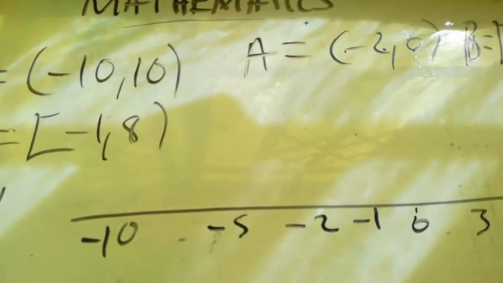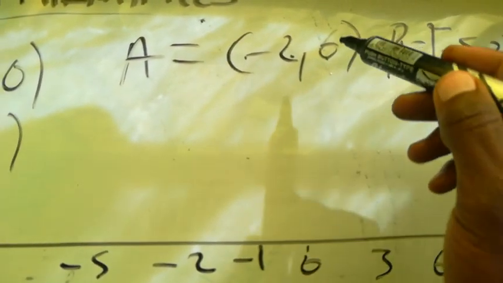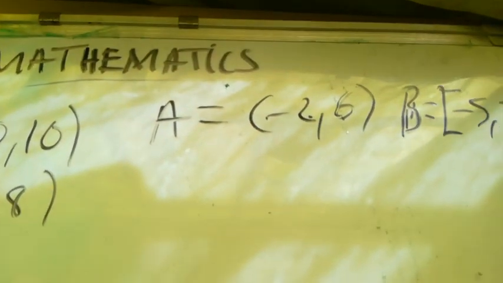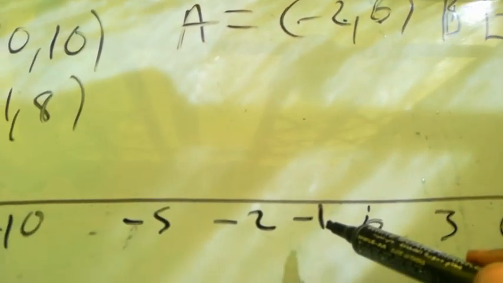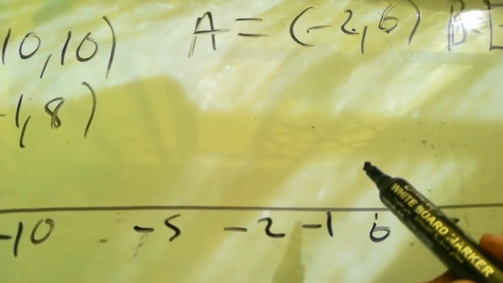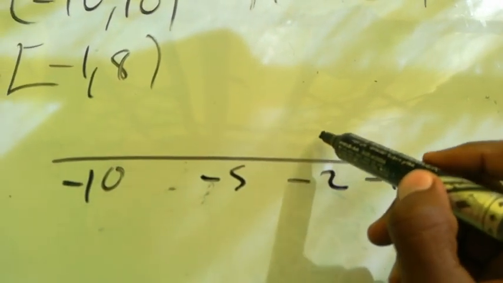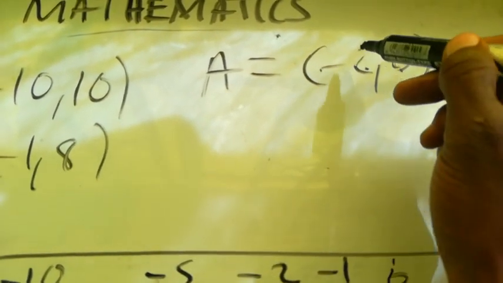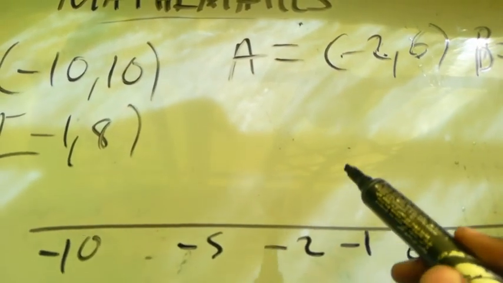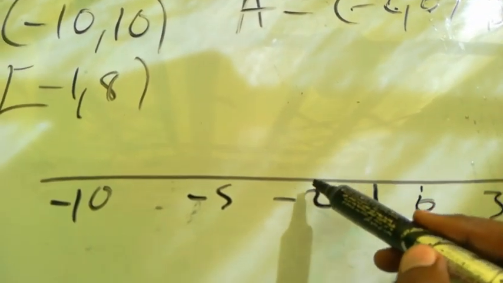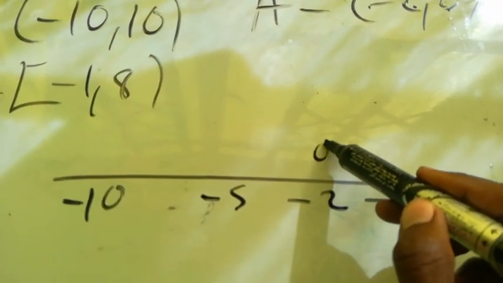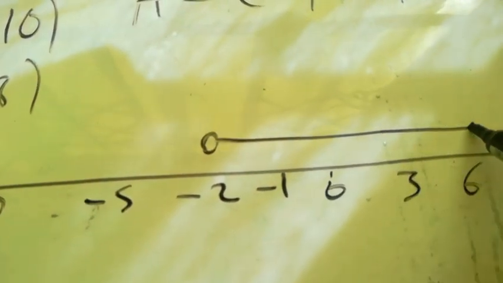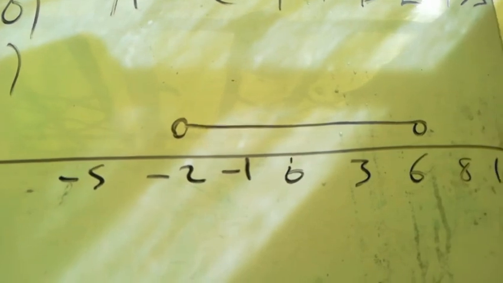So to plot these subsets which have been given, set A, B, and C. Set A will range from -6 to +6. Sorry, -2 to +6. So -2 is here, and according to the set, it shows that -2 isn't part of the set A. So we're going to have an open circle here, to show that it's not part of the set, to 6, which is somewhere here, which isn't part of the set.